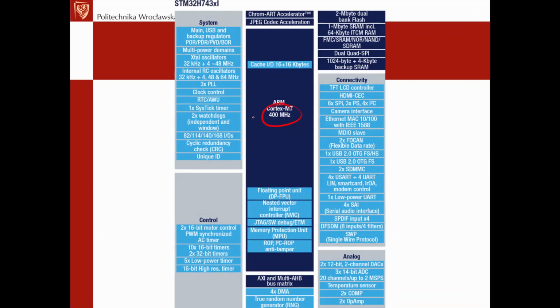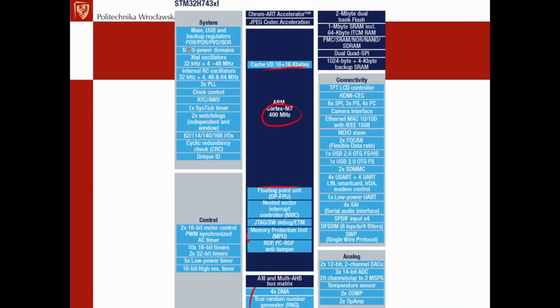We've got the cache on board as well, 2 times 16 kilobytes, plus the floating point unit, plus of course the memory protection unit, plus the DMA, direct memory access, 4 times the DMA, plus a lot of things. Of course, much more memory is what you can expect from this kind of processor.